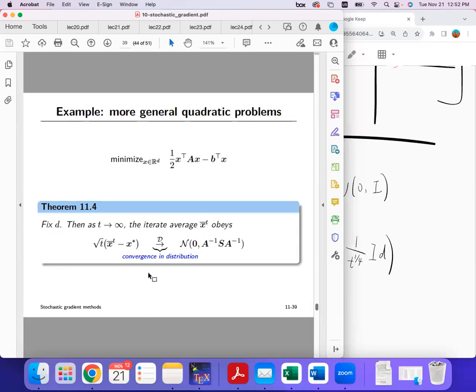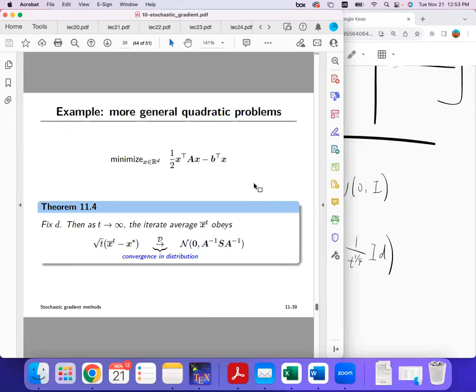And the result says that, considering the model average, the difference between the model average and the minimizer, such a random vector multiplied by square root of t, this entire thing converges in distribution to a zero mean Gaussian distribution with the covariance matrix given by A inverse times S times A inverse.